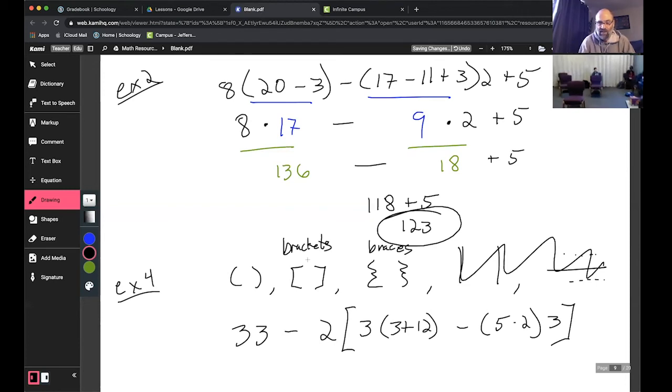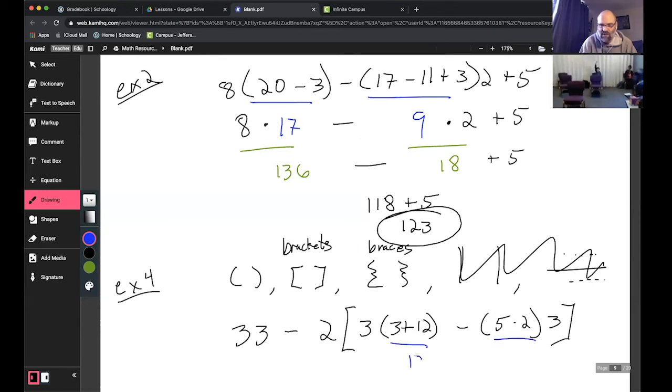Okay, so let's just go. What do we do first? Since we have parentheses inside of parentheses, which ones do we do first? Well, you can look at the big bracket. We do what's in the bracket first, but inside the bracket is another parentheses. So we have to do those parentheses first.